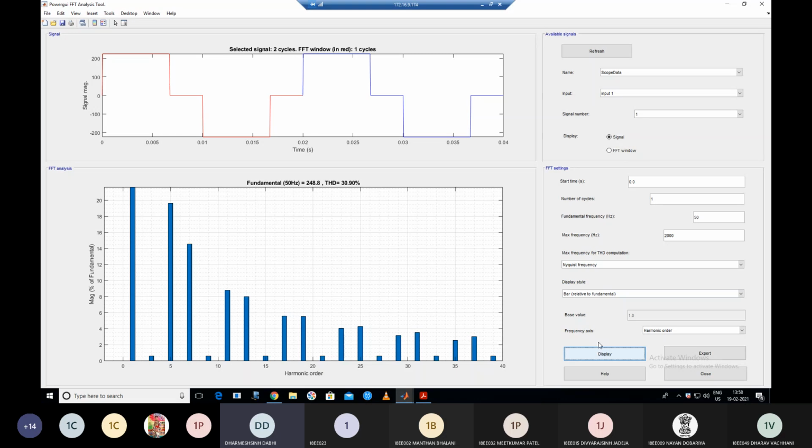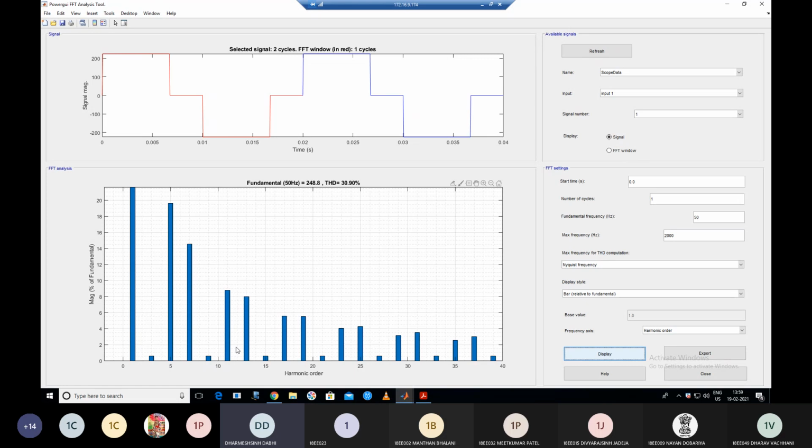Let's see that again. You can see this. In this case also the third order harmonic is absent. In this case also the multiples of 3 and all the even order harmonics are 0 and the dominant order harmonic is the 5th one. Then 7th, then 11th and so on. Clear?